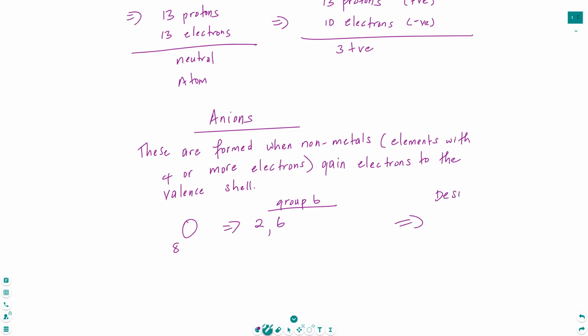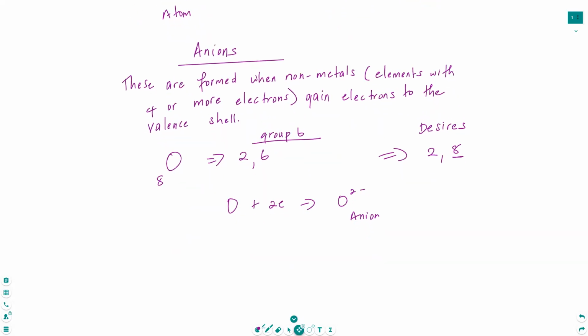It desires to have a full outer shell. So it wants to have 8 on its outer shell, but now it has 6. So oxygen simply needs to gain 2 electrons to develop a 2 minus charge, and then it would be called an anion. And it would actually have a full outer shell, just looking like neon.